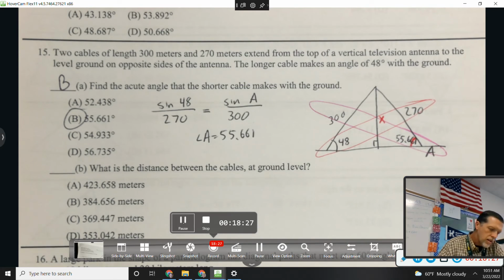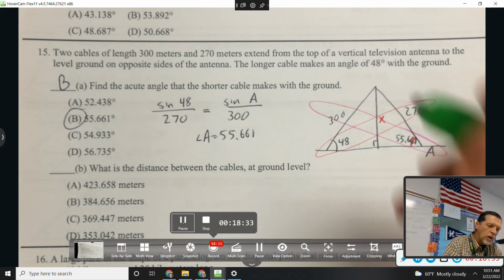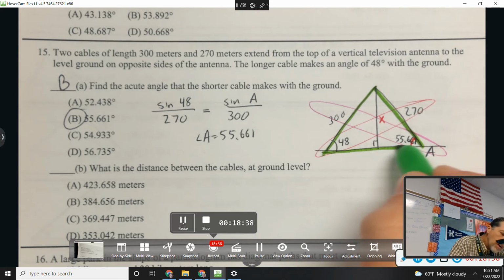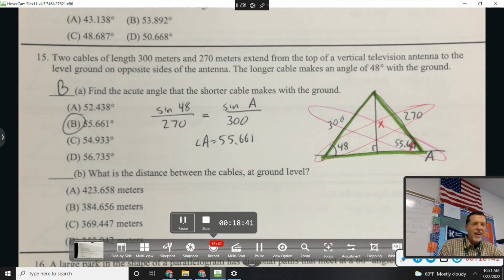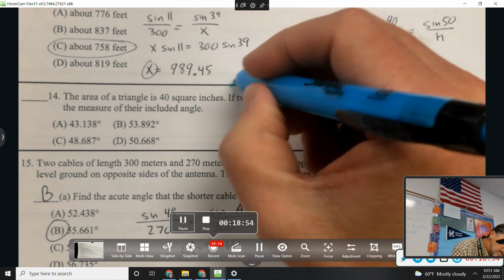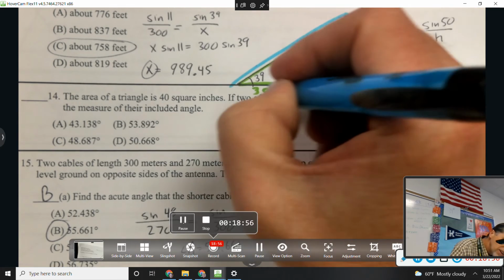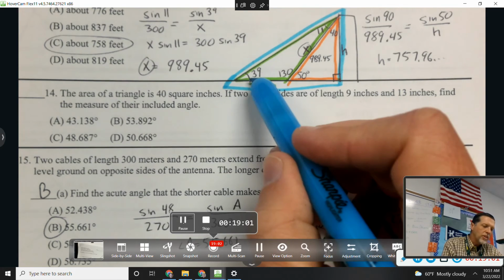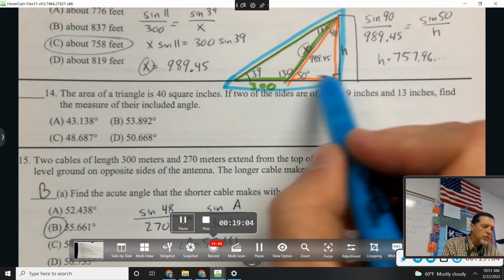Can you always do that? So can you always skip the middleman? Well, we could on that one, yes, but on that previous one we did, I don't think there was a way to skip the middleman because if we looked at this big triangle here, on that one, we're looking for H, we have 39, but we didn't have a full length anywhere else.